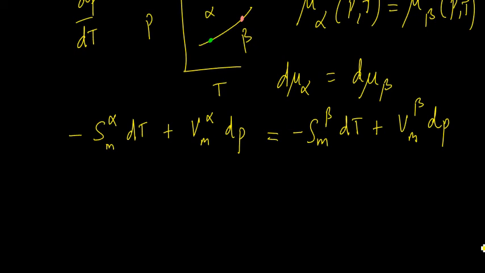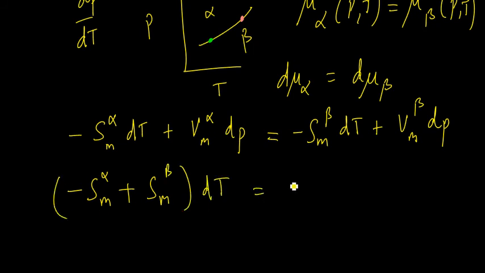So if I say that beta is the second one, so I am going from alpha to beta, let's say that way, then the change during the transition would be minus S molar alpha plus S molar beta into dT is equal to V molar beta minus V molar alpha into dP.